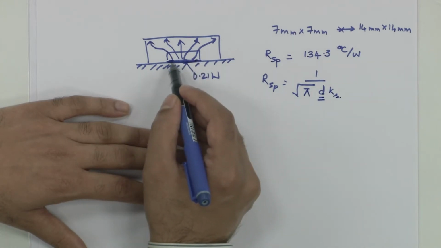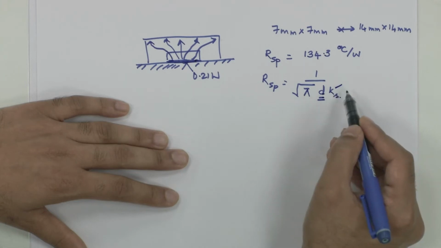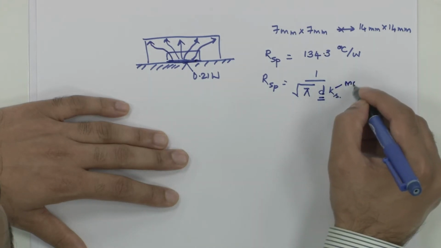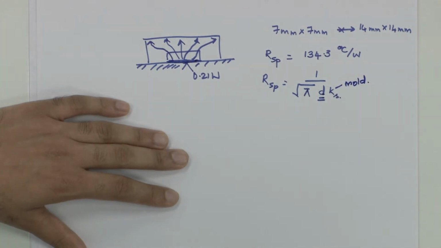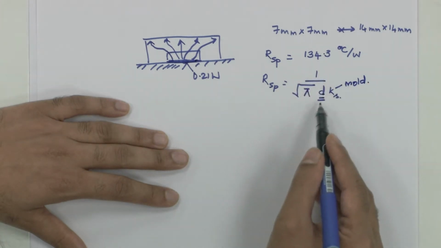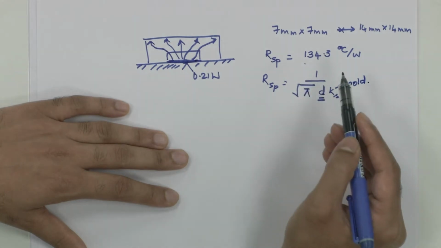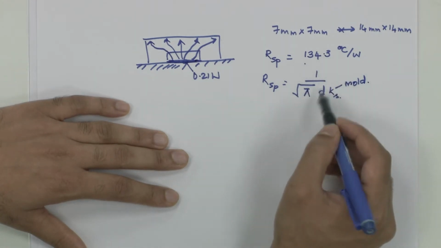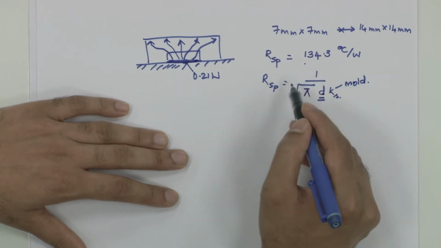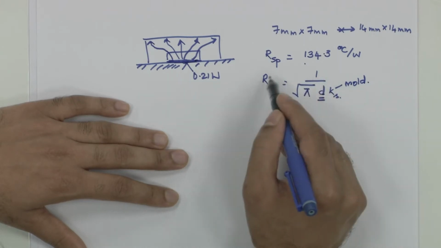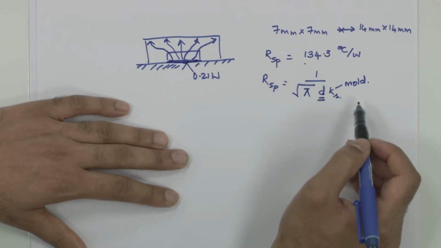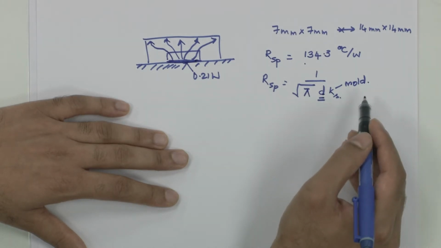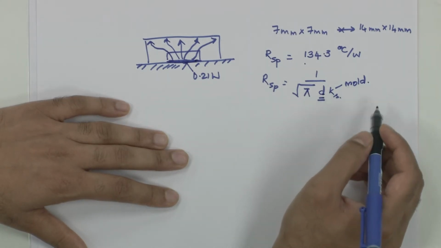In this case, it will be the 7 mm, and ks is the thermal conductivity of the mold. Using that, if you calculate the spreading resistance, it is 134.3 degrees C per watt. This is only an approximate relationship. This holds only for spreading resistance in an infinite medium, but we use this as a simple approximation for spreading resistance.